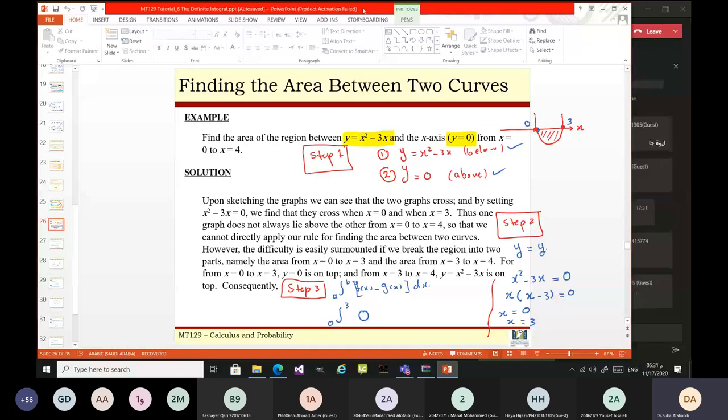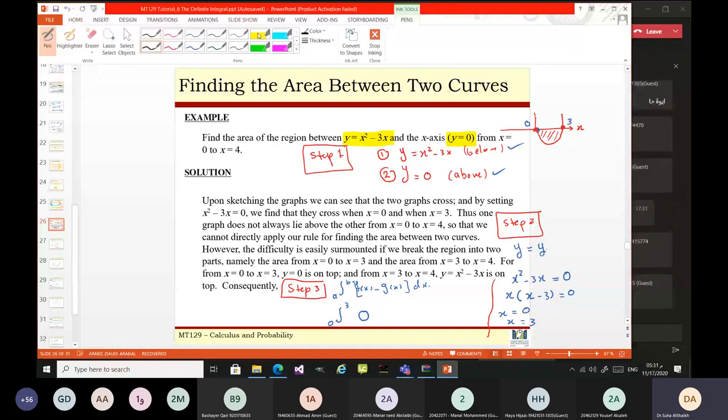So as I told you, they want the integration to be from 0 to 4, not just from 0 to 3. I have to also consider that the integration should be continued until the 4. If this is my 3, this is 4.